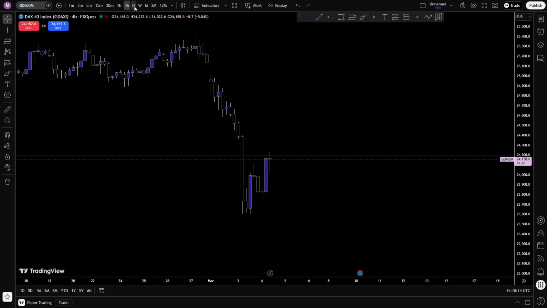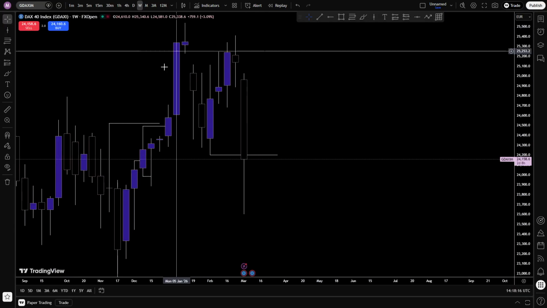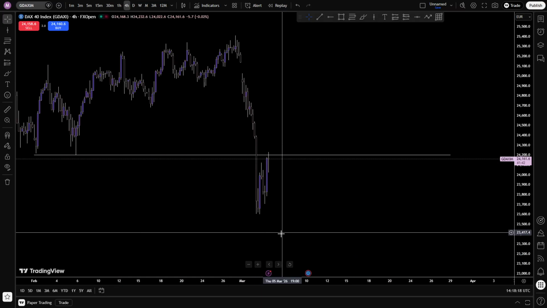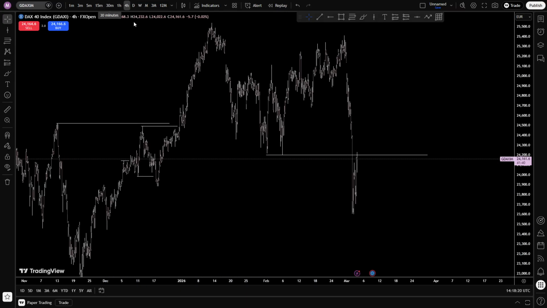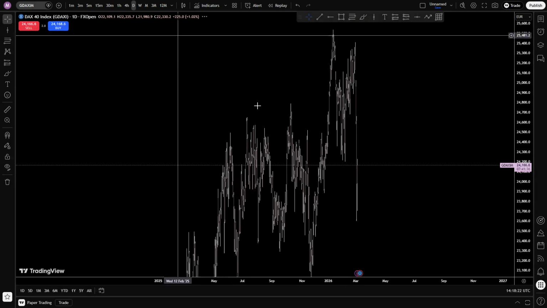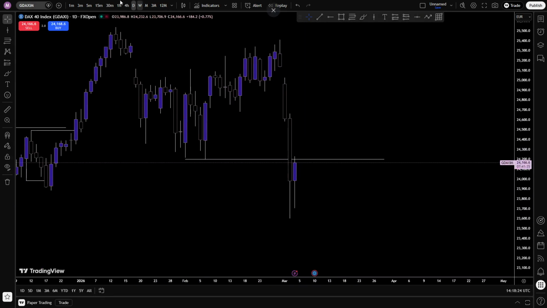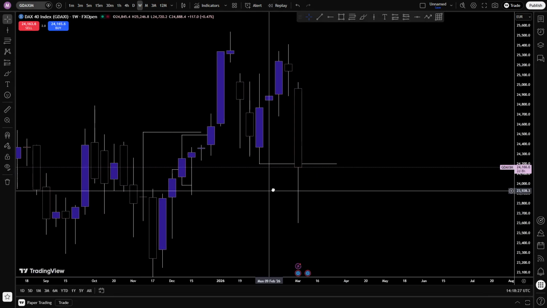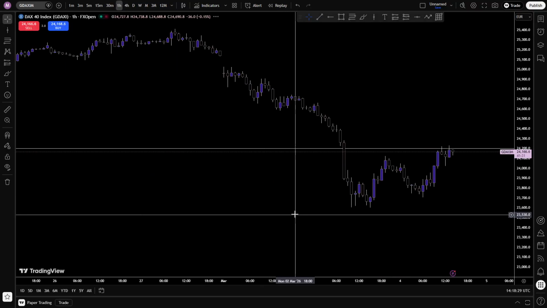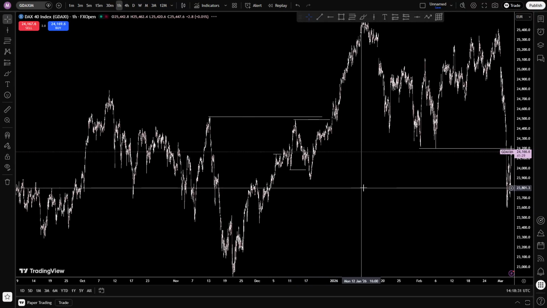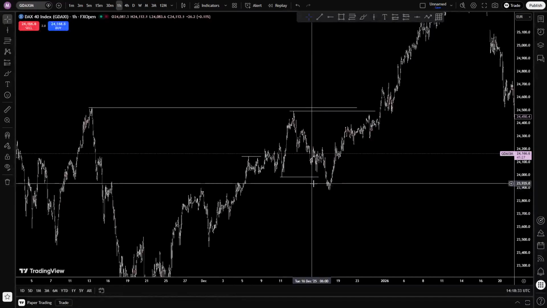And then once the next weekly opens, this could be a weekly low. That's just how time works. The reason I mentioned that is because a break of structure on the lower time frame could just be a liquidity sweep on the higher time frame.